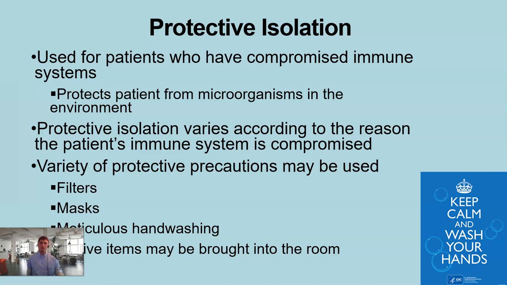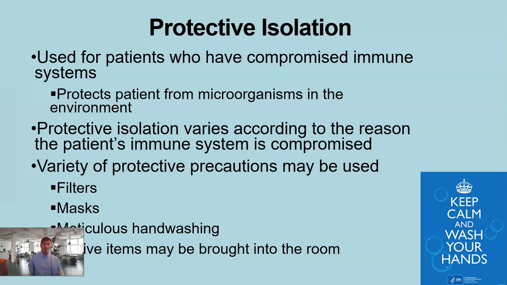Protective isolation. This varies according to the reason that the patient's immune system is compromised, and a variety of protective precautions may be used, again, depending on what's going on. A positive pressure room with a HEPA filter may be required. A mask is required for anyone entering the room or for when a patient is leaving the room. Meticulous hand washing is essential.